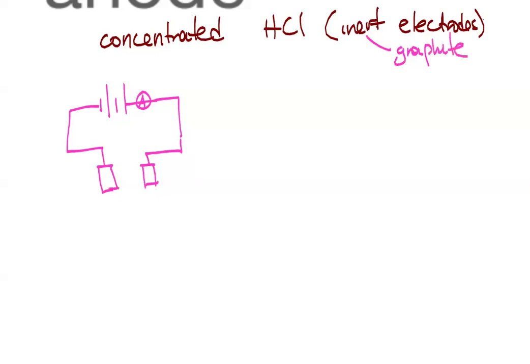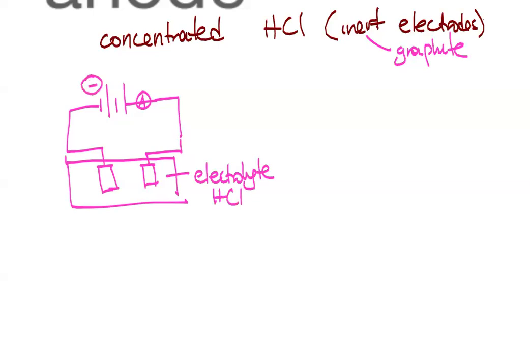And of course, they are dipping into our electrolytic tank or cell, which will have our electrolyte, which is the HCl. It's concentrated.